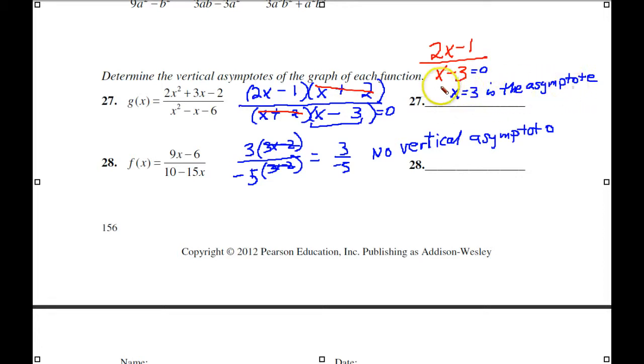Now, some of the instructors may not include this in the class, but this is some pretty higher level math here. And then here, when we factor it, and we've done similar things, we end up with the variables canceling out. So when we have that, there is no vertical asymptote.